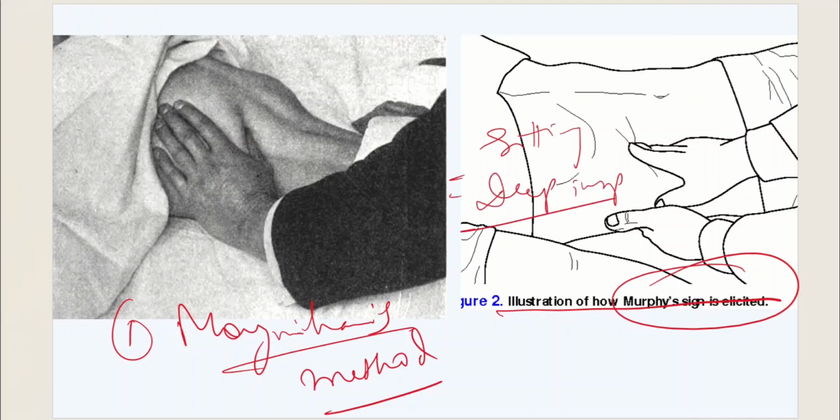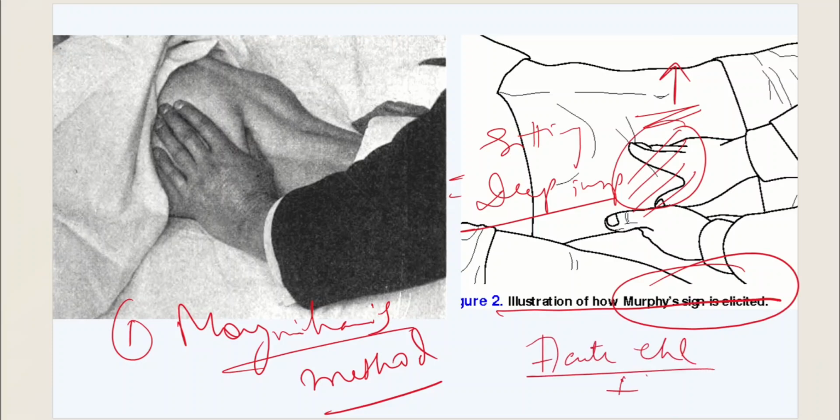If we palpate the right upper quadrant, just below the right hypochondrium, the patient winces with pain at the summit of the inspiration, and there is a halt in the inspiration. That is called Murphy's sign positive, seen in case of acute cholecystitis.